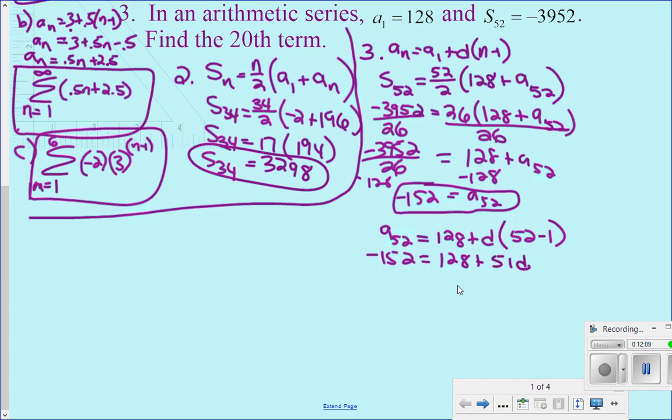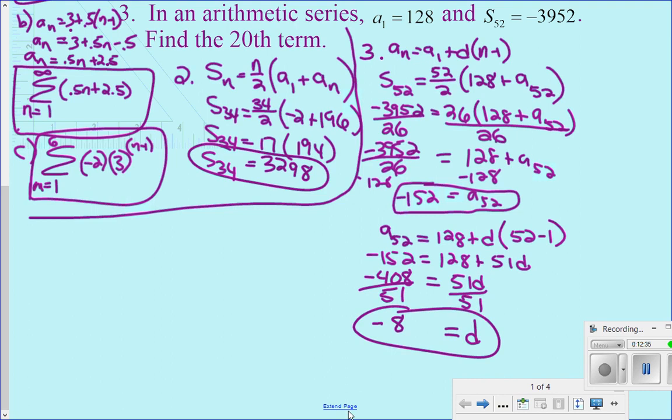So I'm going to subtract 128, and 51d is equal to negative 152 minus 128, which is negative 408. So then I'm going to divide both sides by 51, and I'm getting my d value, which is negative 8. And we're close. Okay, we're almost there.